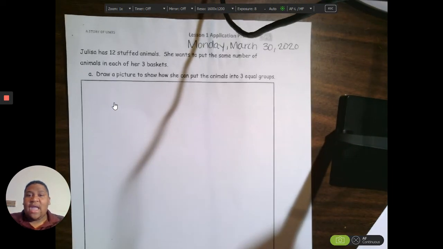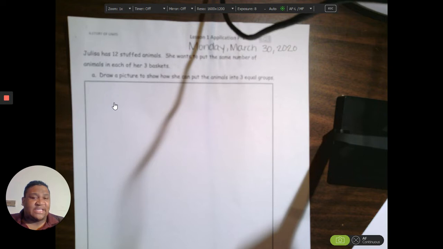She wants to put the same number of animals in each of her 3 baskets. Draw a picture to show how she can put the animals into 3 equal groups.